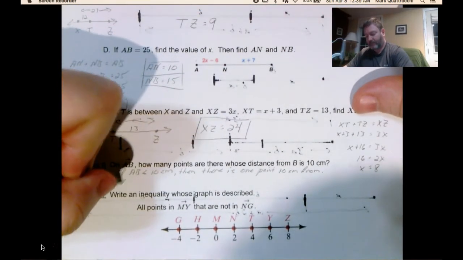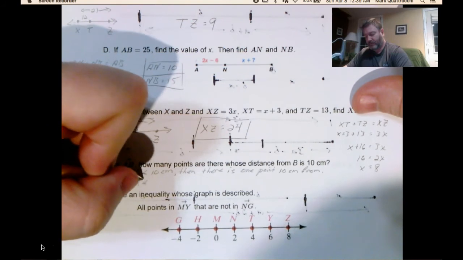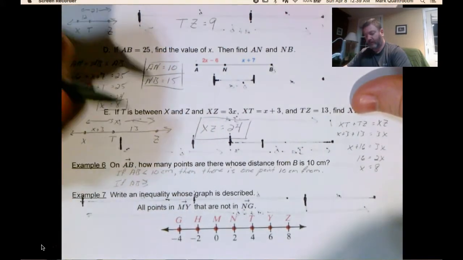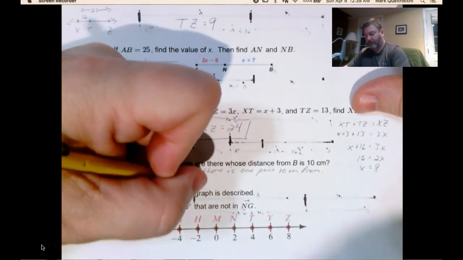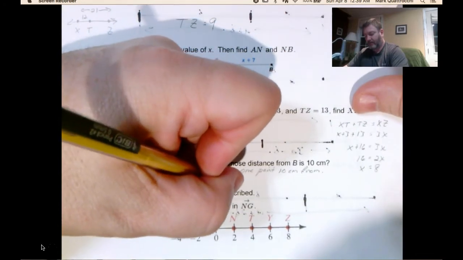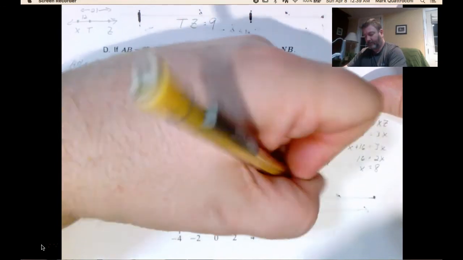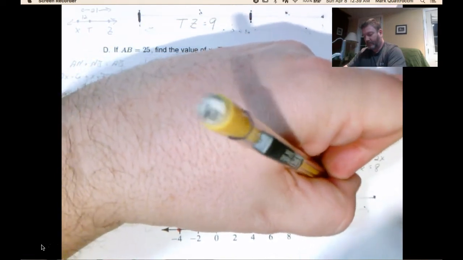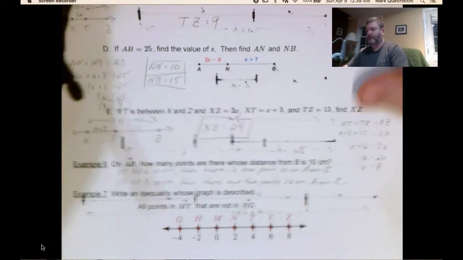If the measure of segment AB is greater than or equal to 10 centimeters, then there are 2 points 10 centimeters from point B. So I'm going to illustrate that on this piece of paper here.